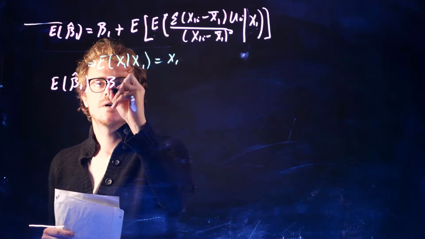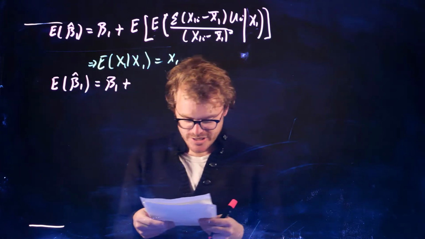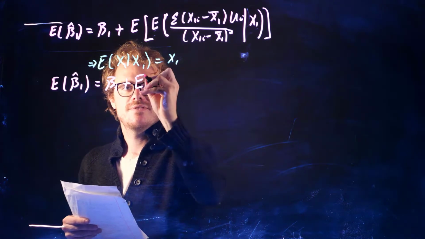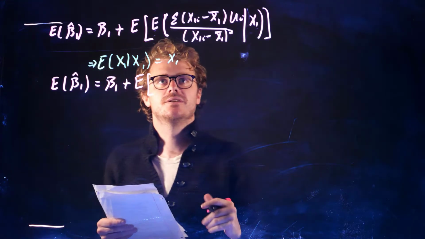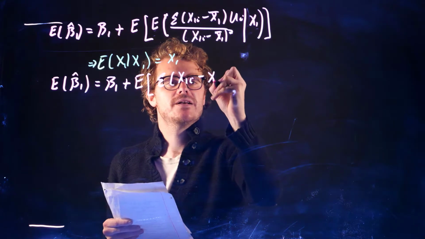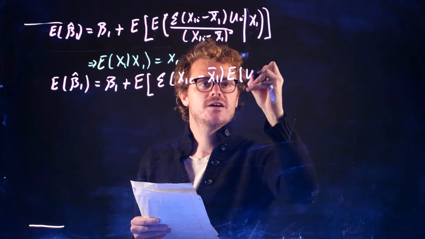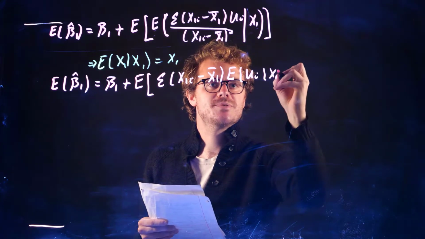We're almost there, don't worry. So this expectation can go through. We still have this outside expectation, but now we just have the sum of (x1i minus x1 bar), and here is where the expectation stops.